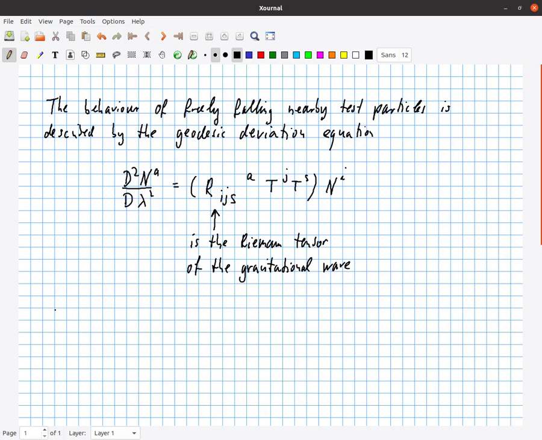Next, we have our tangent vectors. The tangent vector T^i corresponds to the test particles' velocity.